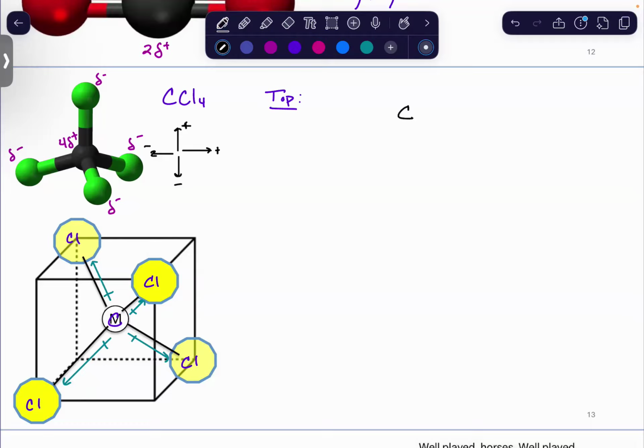Now let me move this real quick. I think in my notes I did things a little backwards, but that's okay. So let's just set carbon right at the center of our coordinates.